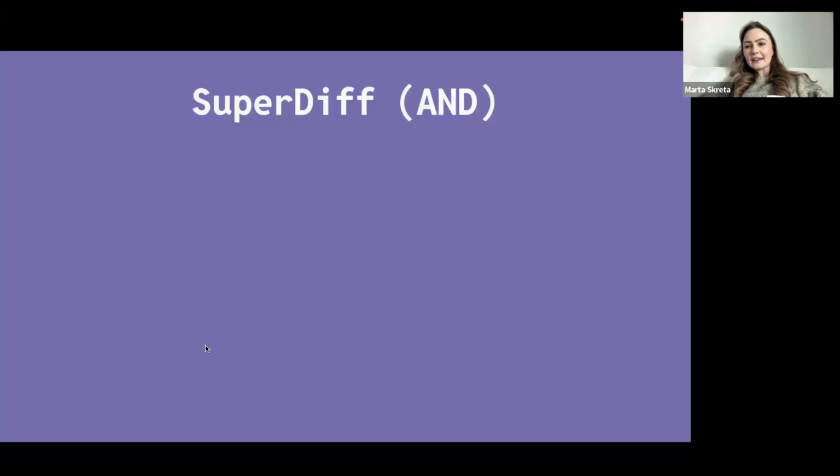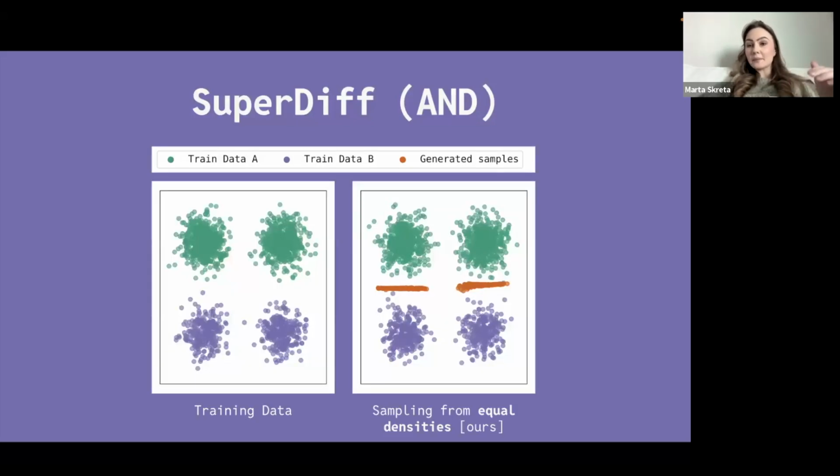And then, so that's for OR. And now for AND, here we want to sample from equal densities. So say that we have two models. Maybe each one represents a different property of something that we're interested in generating. We want to make sure that each model is equally represented. So how do we sample from there?